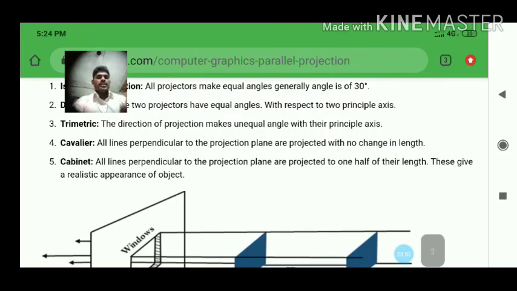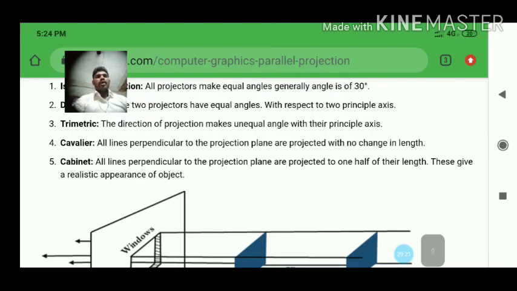Again I want to tell here, in multi-view the lines are making 90 degrees, perpendicular towards the principal axis and also making 90 degrees towards the view axis. But in axonometric, the difference is they are making 90 degrees towards the view axis but not to the principal axis. Axonometrics are three types: isometric, diametric and triometric.